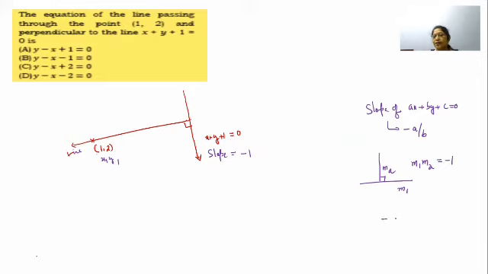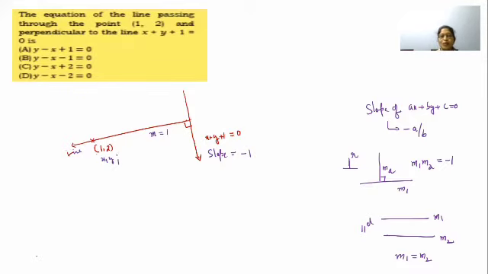And in the same way, remember, if two lines are parallel, their slopes should be equal. If they are parallel, m1 is equal to m2. If they are perpendicular, the product of the slopes should be equal to minus 1. So if the slope of this line is minus 1, what should be the slope of the line which is perpendicular to it? So here the slope should be 1. Why? Because when you multiply these two, you get minus 1.